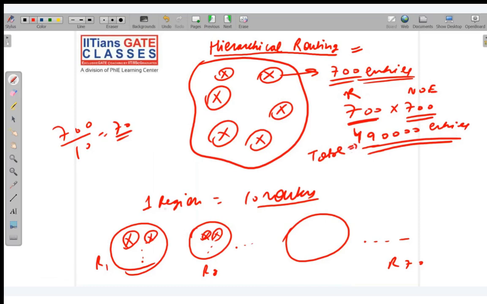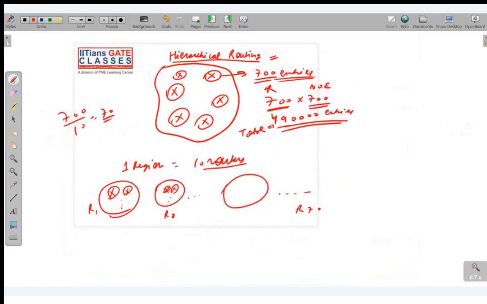So now what I am saying, one region has 10 routers. So total R1, R2 up to R70, total 70 regions will be there. So how many entries will each router have to make? 10 entries for its own region, and the next 69 for the other 69 regions. Are you getting it?